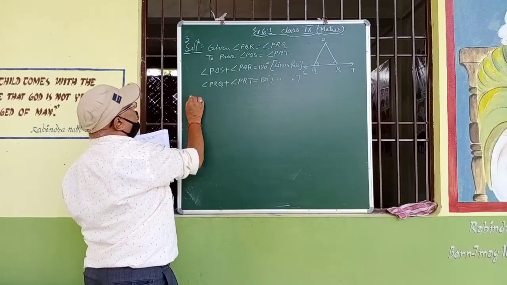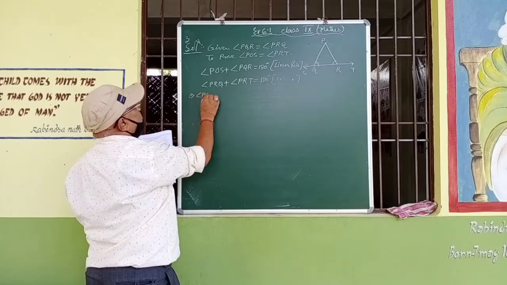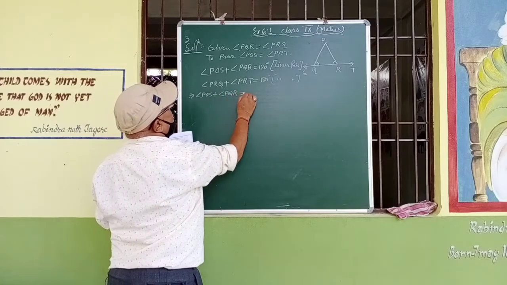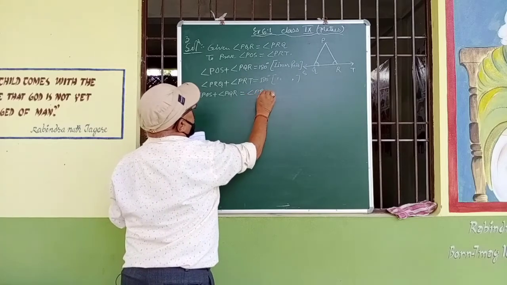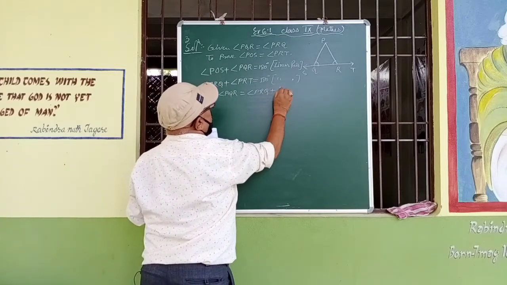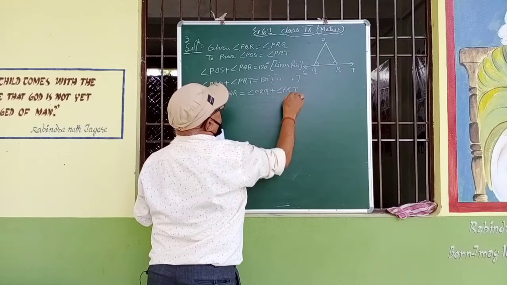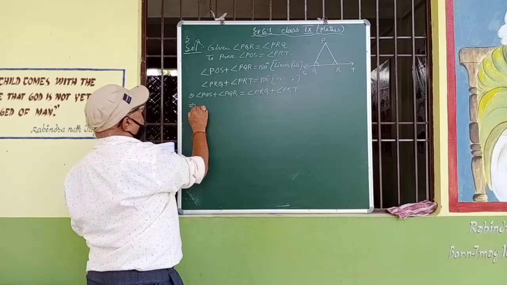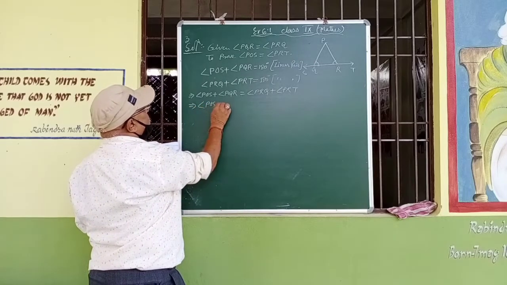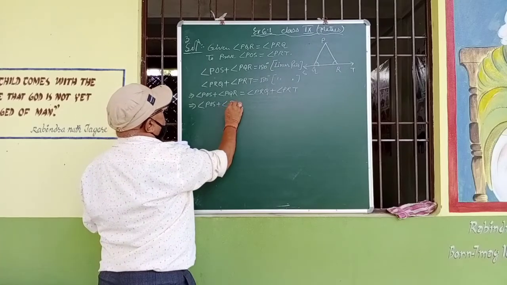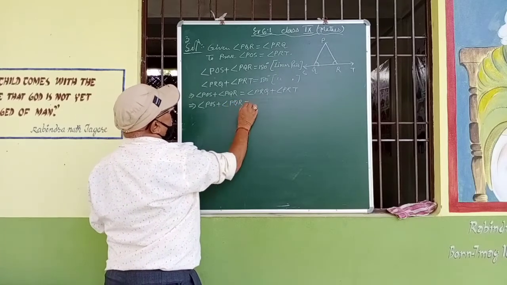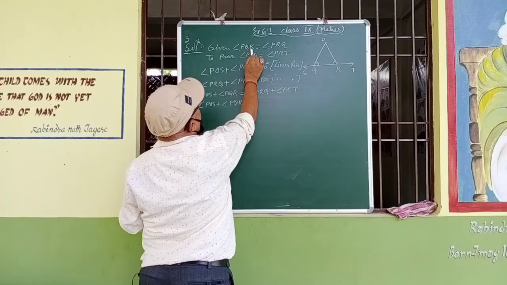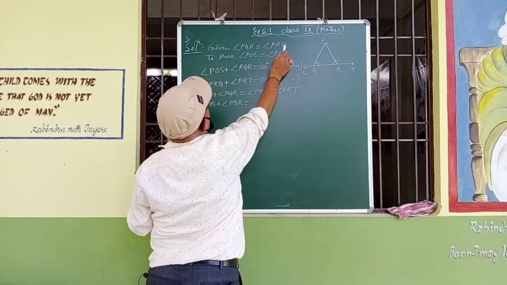So from this we got what? PQS plus PQR is equal to PRQ plus PRT. Both are equal, this and this. PQS plus PQR is equal to, say, PQR and PRQ are equal, it is given.